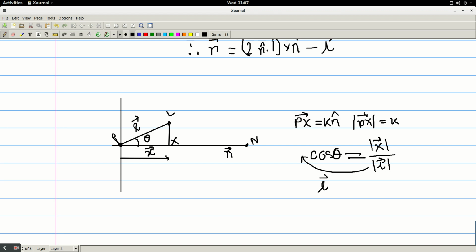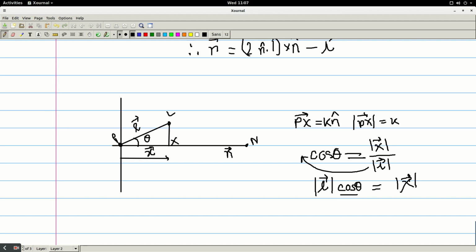So what's that? Okay, that would give us what? The length of x. Now the problem is I don't know what this cos theta is. How do you find this cos theta?